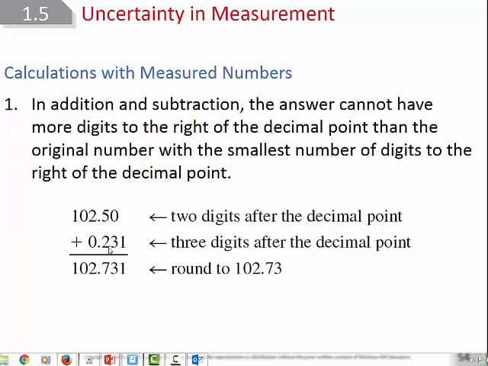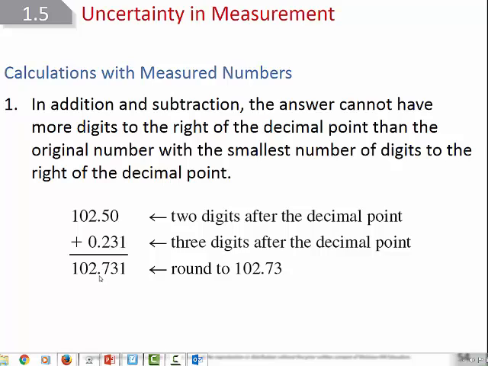The second one we have 3 digits after the decimal point. So if I add this up, just plug it into my calculator, here's the answer I get. Now because I've got 2 digits versus 3 digits, you cannot have more than the original with the smallest number of digits. In this case, we have 2 digits in our first number and 3 digits in our second number, so we cannot have more than 2 digits in our final answer.